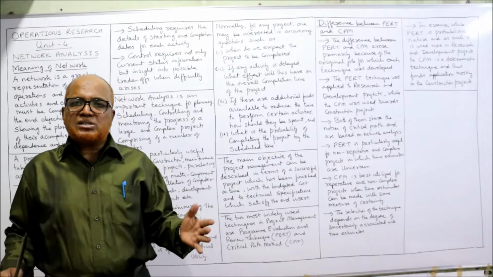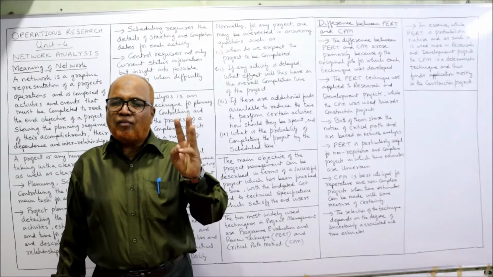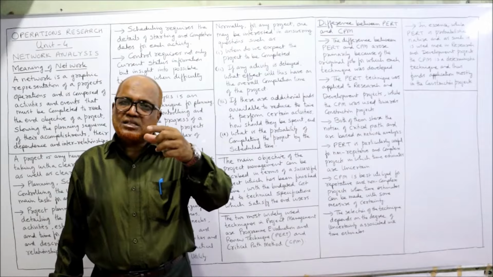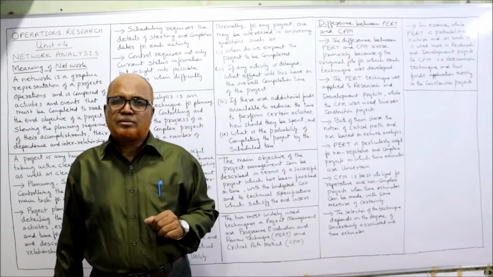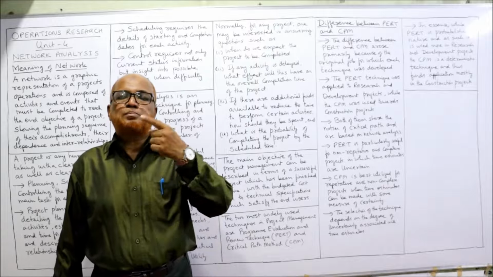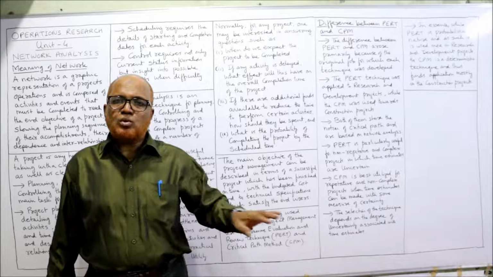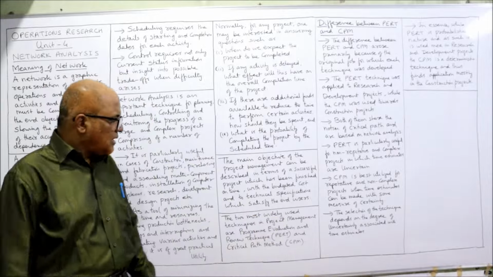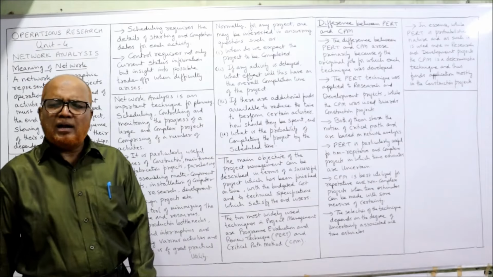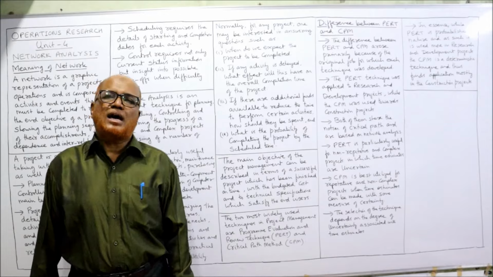So how do we successfully complete the project? By three things: within the stipulated time, within the budgeted cost, and according to our specification. Now, the two most widely used techniques in network analysis are PERT and CPM.